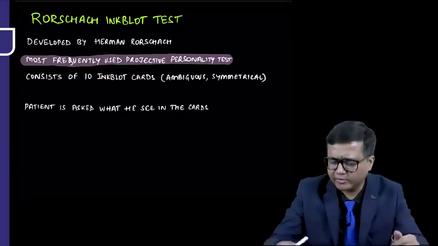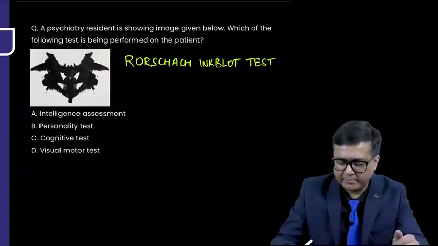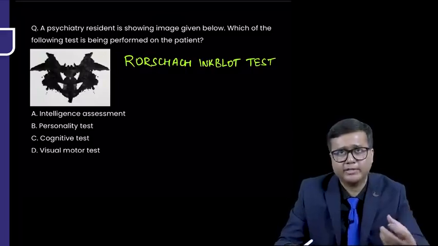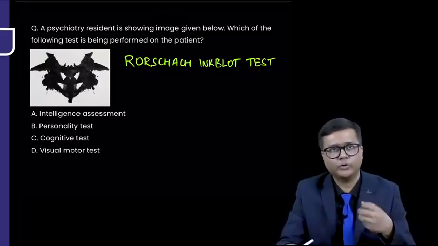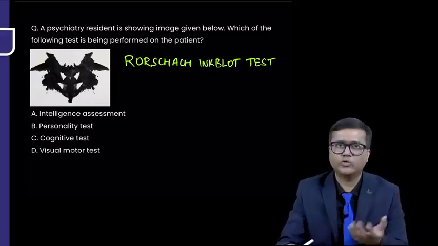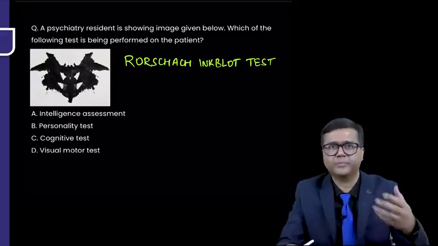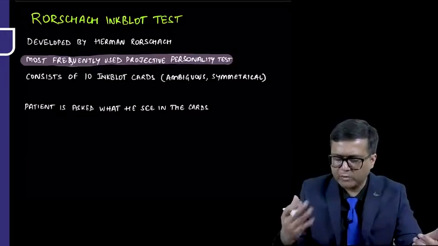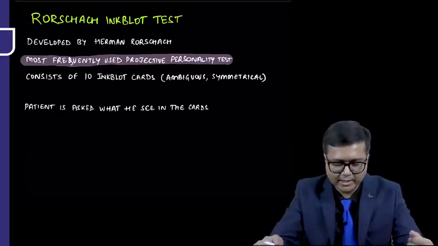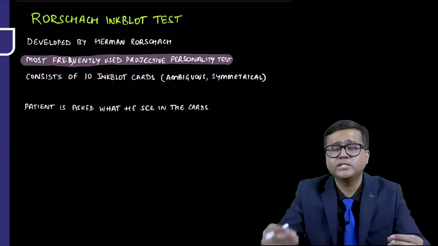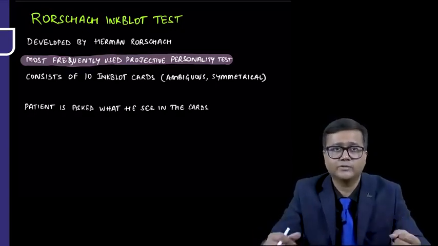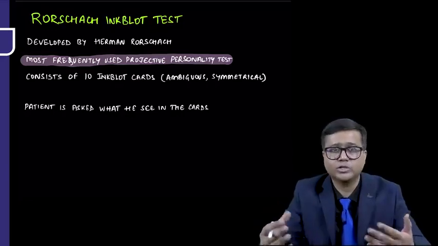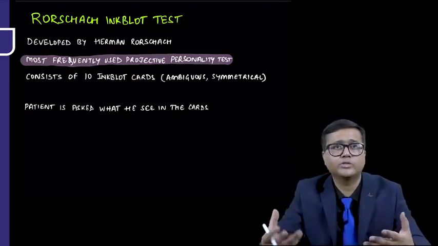As you can see, it's a very vague, ambiguous card. There is nothing specific shown, and you may get different responses from different people. So there is a vague or ambiguous stimulus, and it is symmetrical. The patient is asked what he sees in the cards, and whatever answer the patient gives is then used to understand the unconscious mind of the patient.